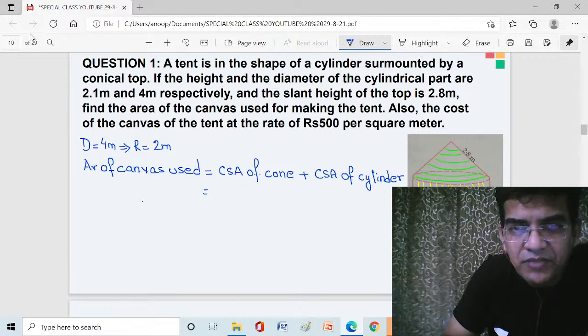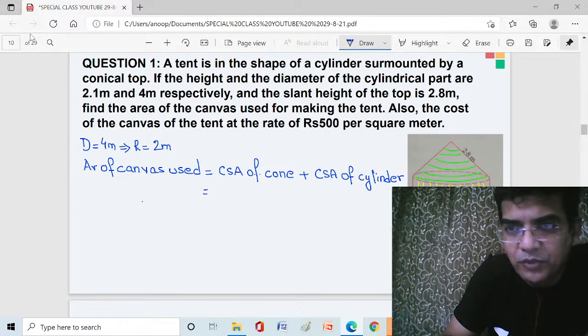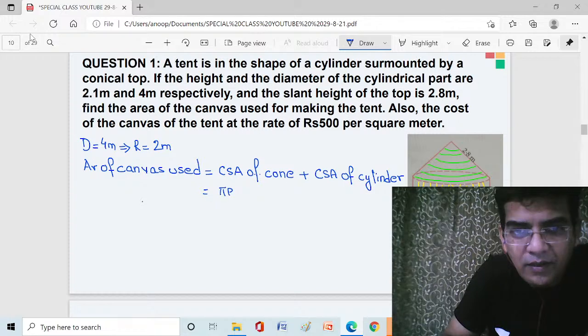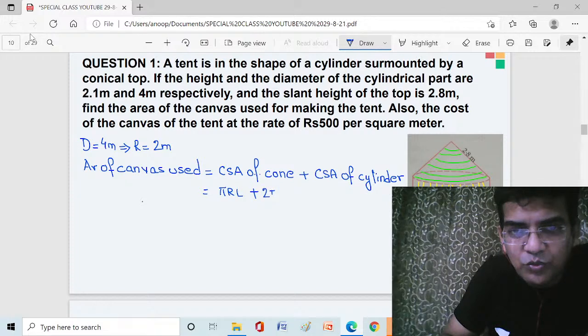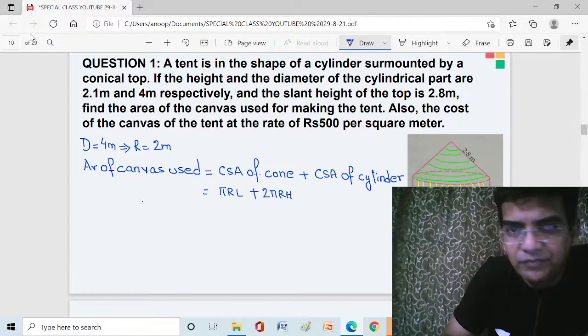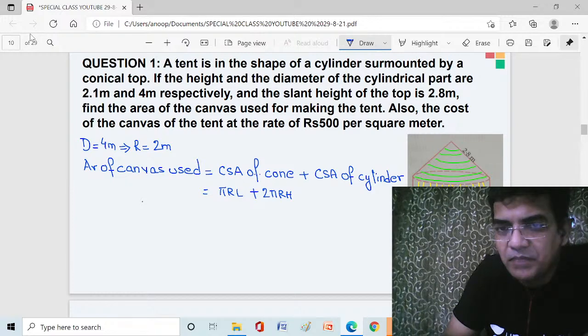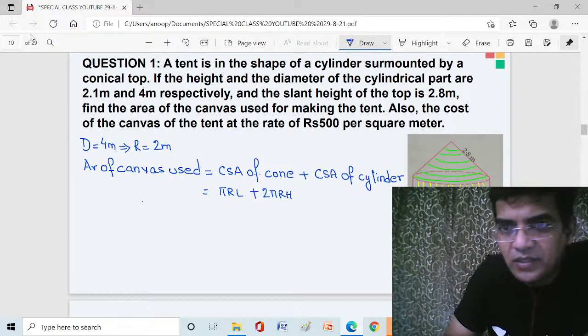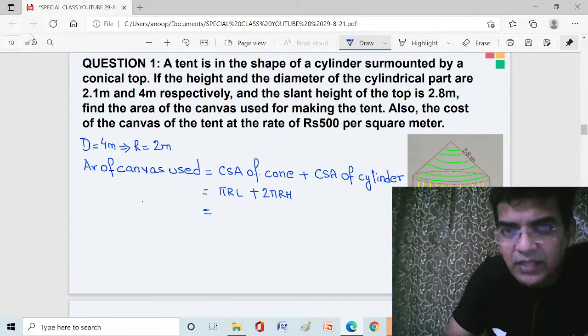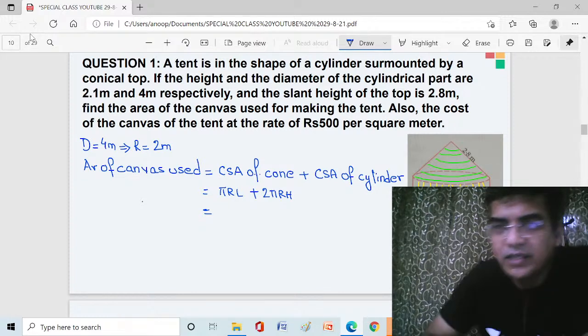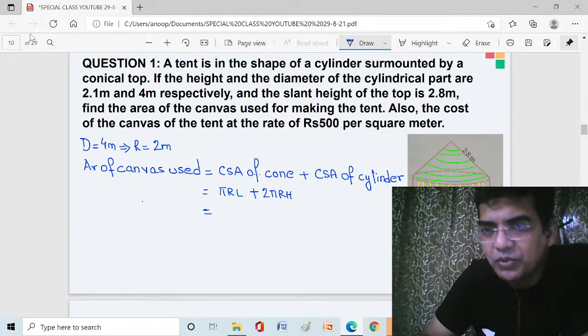Now the curved surface area of the conical portion has the formula pi r L, and the curved surface area of the cylinder has the formula 2 pi r h. So we have the curved surface area of the conical portion plus the curved surface area of the cylindrical portion. Before substituting the values, to make our calculation easy, the best way is to take common.